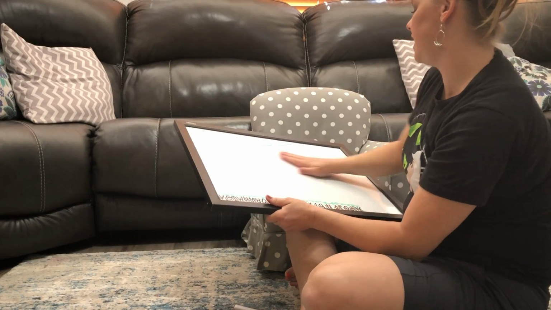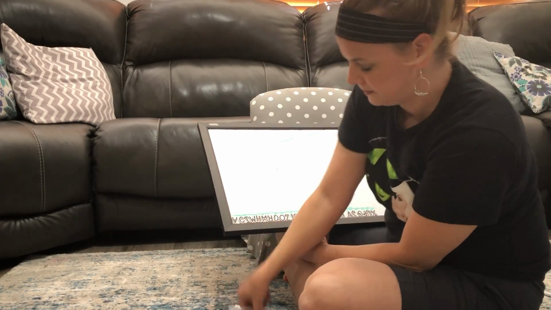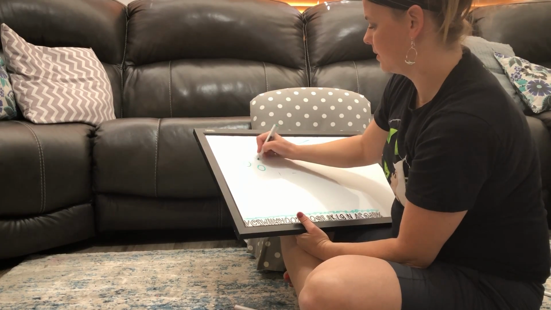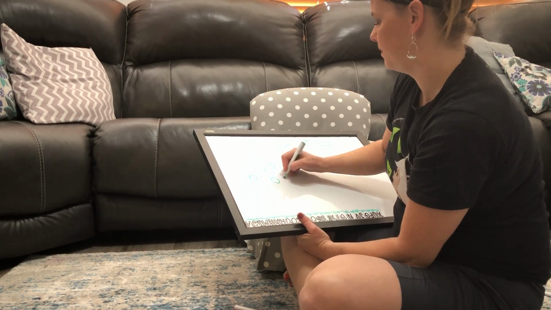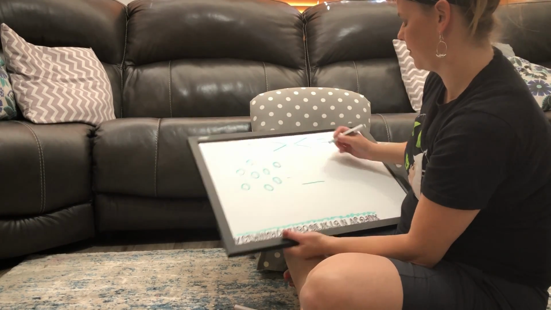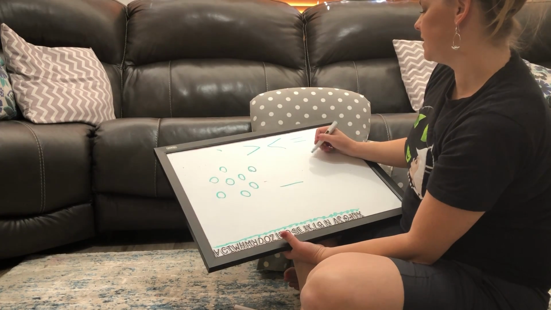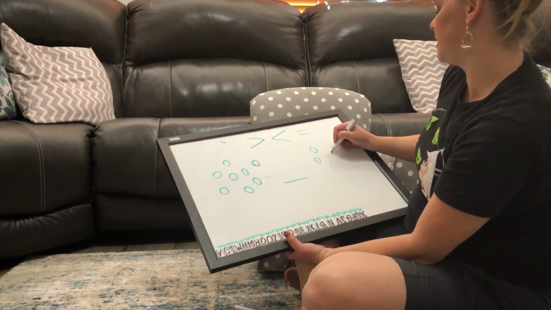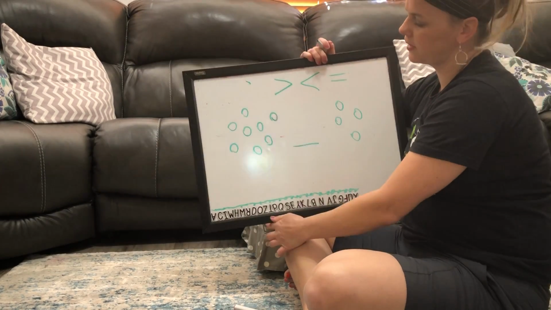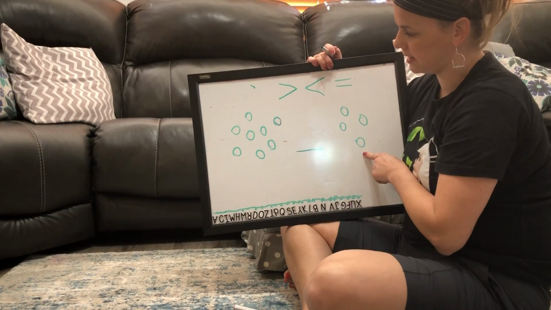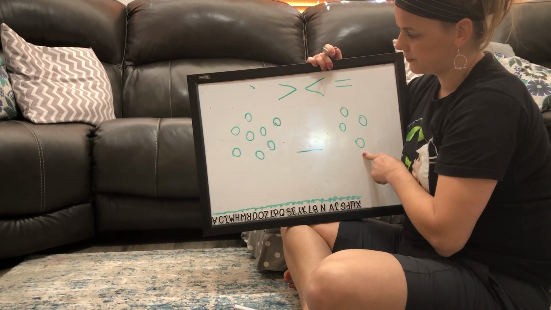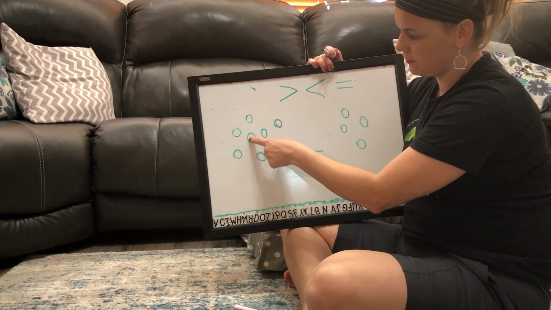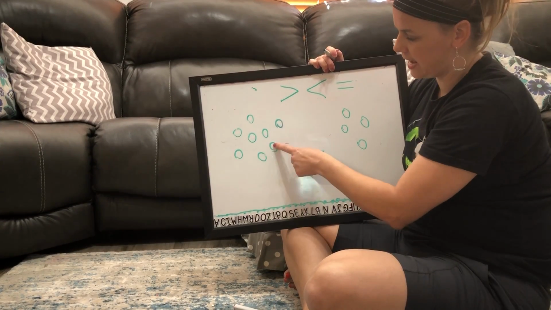Let's say we've got some balls, okay? And let's say we've got, well, we'll just do the same. Okay, which one is greater than or less than? 1, 2, 3, 4, 5, 6, 7, 8.